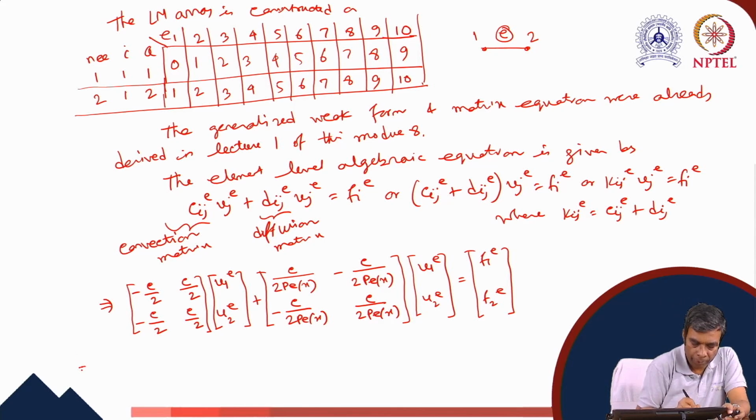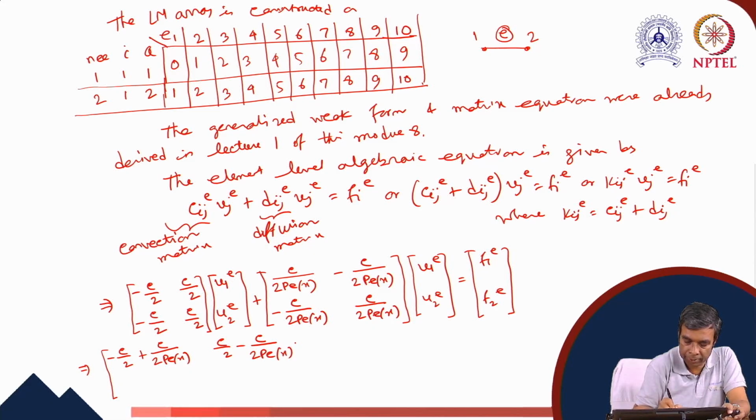So here we can write it as minus C by 2 plus C by 2Pex, C by 2 minus C by 2Pex, minus C by 2 minus C by 2Pex, C by 2 plus C by 2Pex.